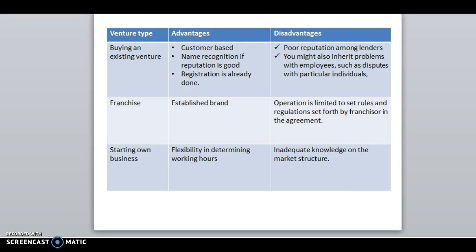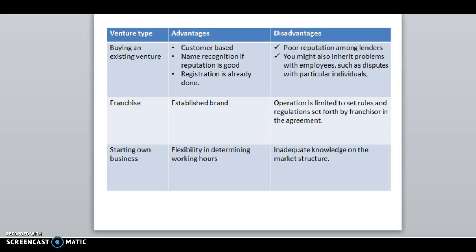Franchise is really good, actually. The business is well established, the brand is perfect, it's known, it's a good thing. But then it has one disadvantage, a great one, really. Operation is limited. In a franchise, the franchisors get to set rules and regulations governing the franchise.